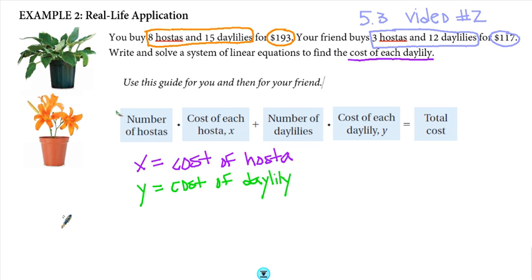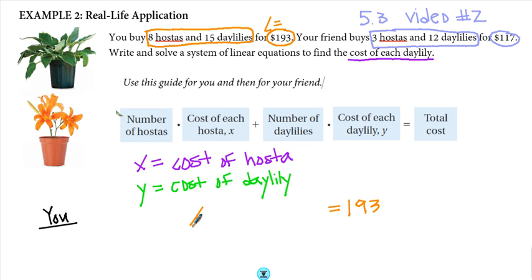So let's start with you. What is your equation? It's in orange. It says 8 hostas and 15 daylilies for $193. Well, the total cost is $193, and that's always the constant. So whatever the equation is, it's always going to be equal to 193.